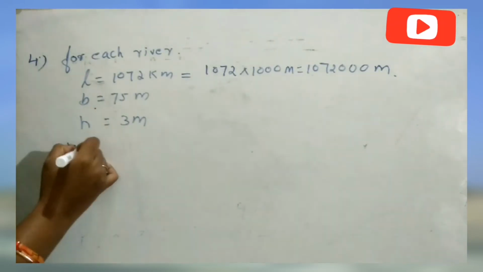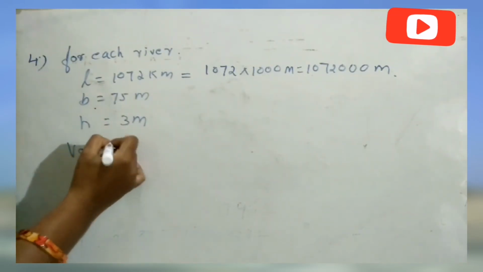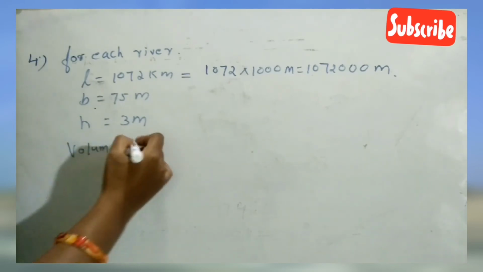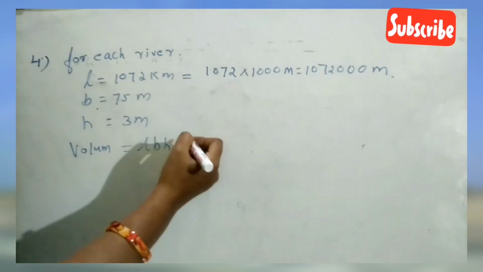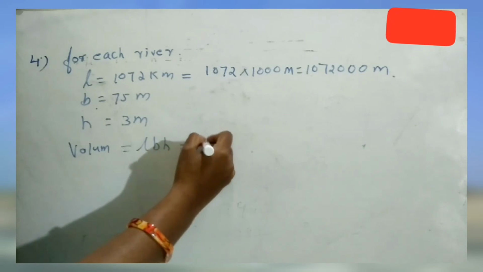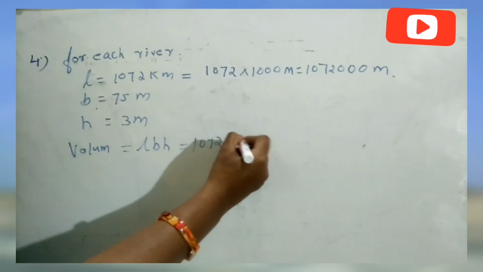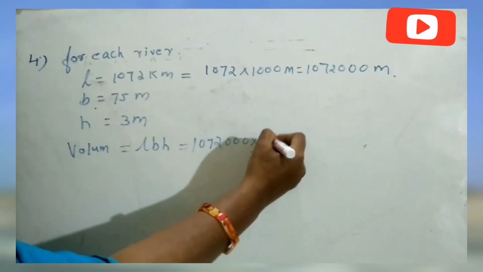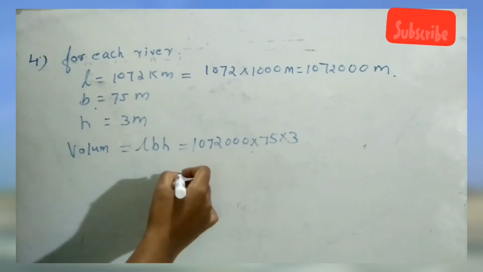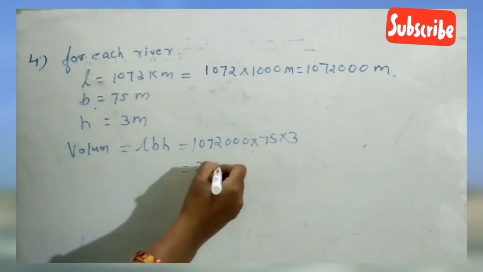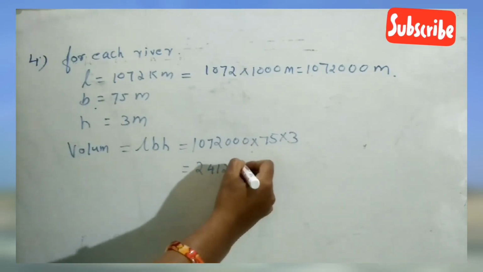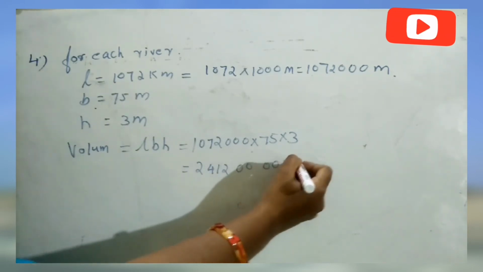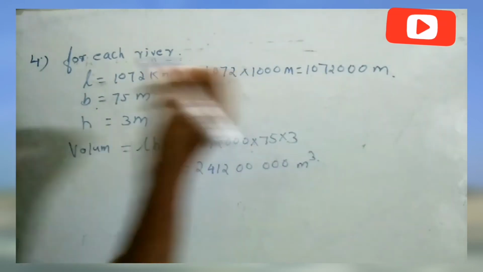Now volume is equal to LBH, which is 1072,000 into 75 into 3. This is equal to 2412,000 meter cube.